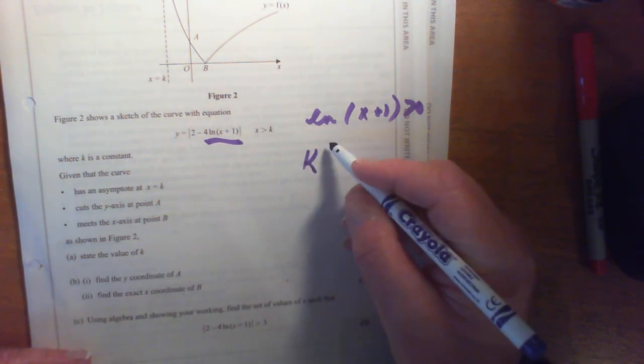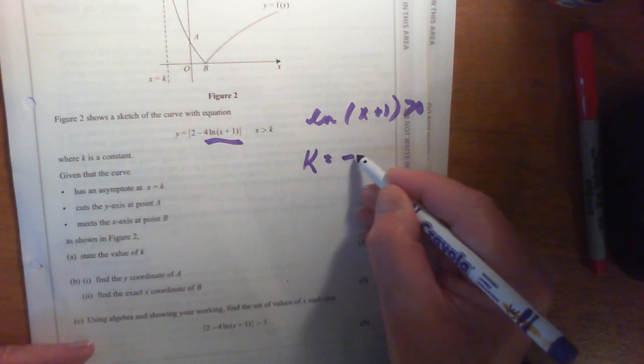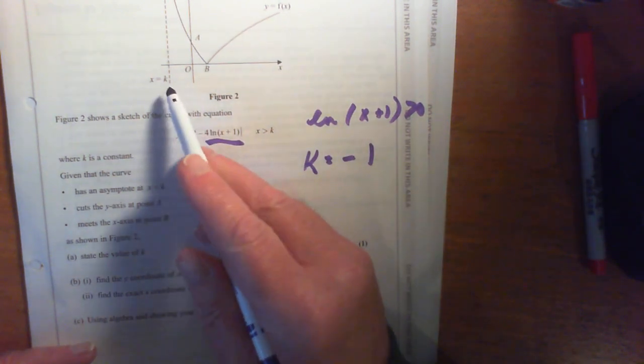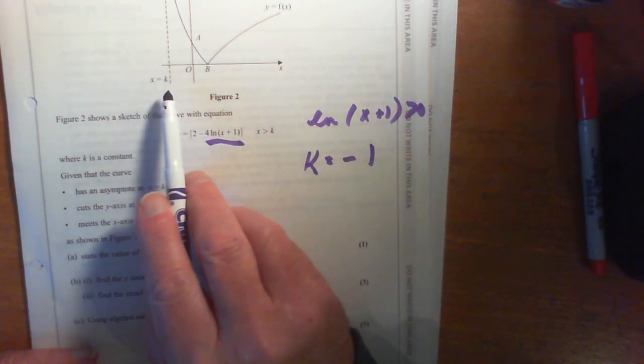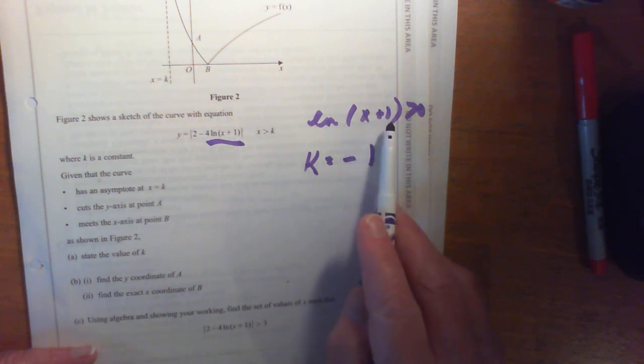Sorry, what we're trying to find? We're trying to find k, aren't we? So k equals minus 1. x has got to be greater than that value in order that the expression is valid.